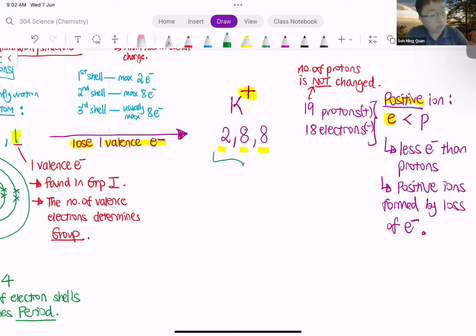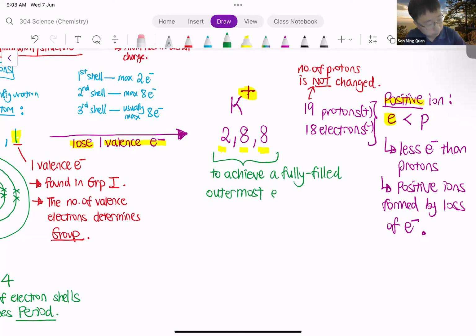Now, importantly, why lose one? The purpose of losing one is to achieve a fully filled outermost electron shell. So this is the purpose, the reason why potassium must lose one valence electron.